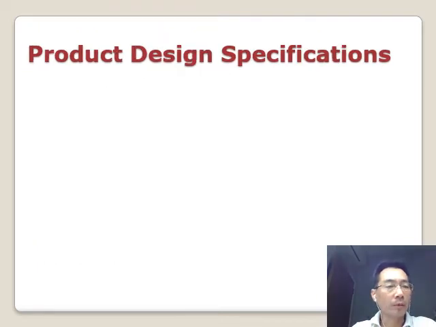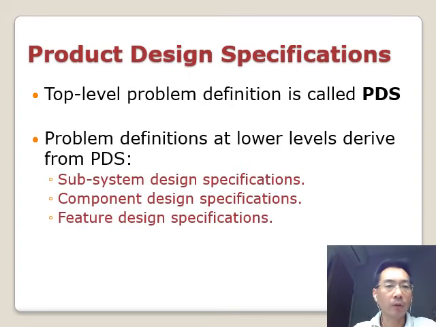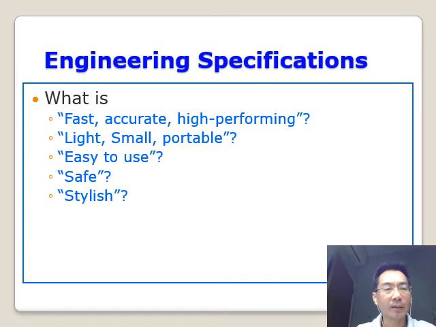With the customer requirements in mind, we move on to the product design specification. Here we further split the PDS into top level as well as lower level. Looking at the customer's input, we define the PDS, and then move on to engineering specifications. From an engineering perspective, we look at how fast is fast, how accurate, and what is high performing.